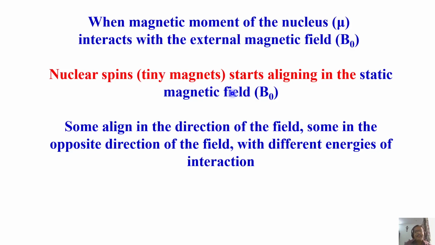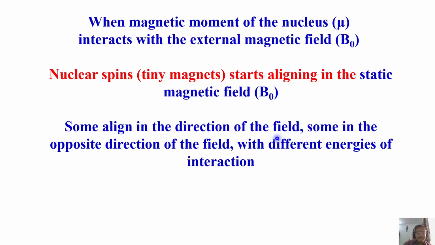All are interchangeable words we keep using very often in NMR. Don't get confused. So interaction of the nuclear spins or the magnetic moment means the nuclear spins start aligning in the static magnetic field. Or in other words, magnetic moments start aligning in the magnetic field. You get the point.